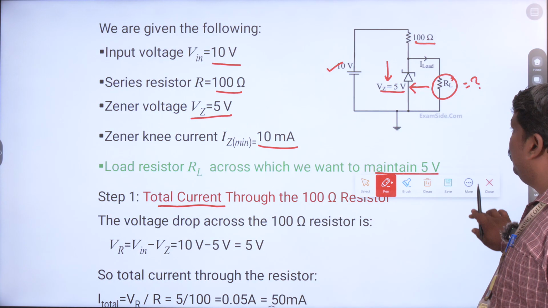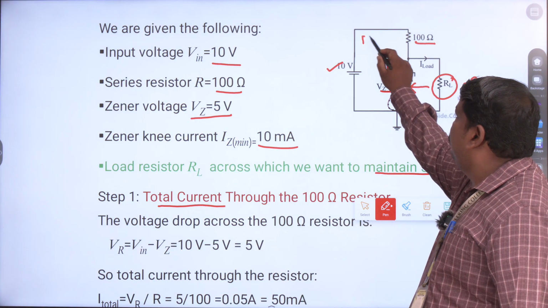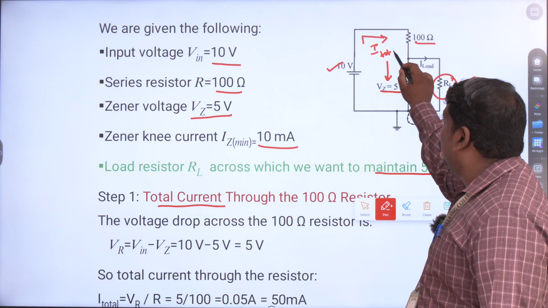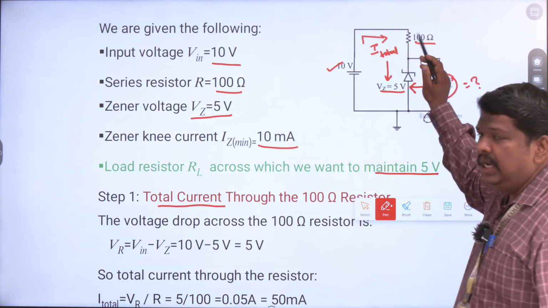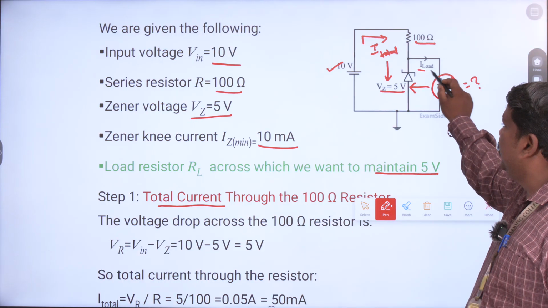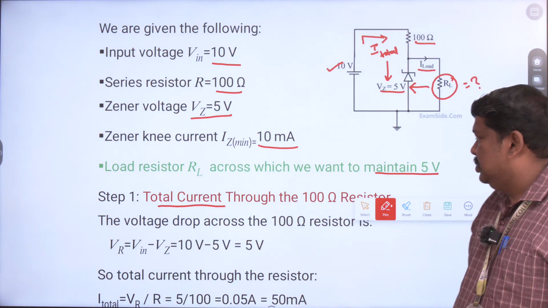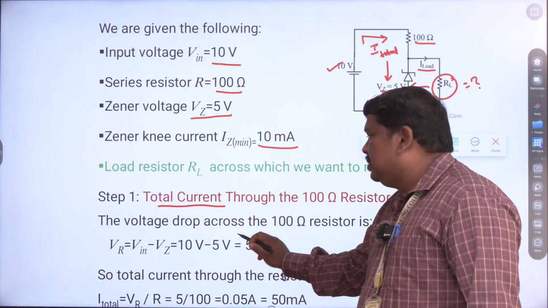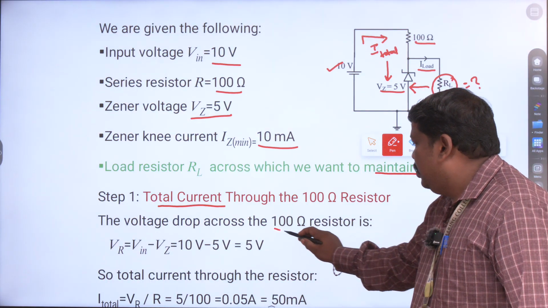If it is a 100 ohm resistance, what is the current flowing here? That is your total current I, which flows in the 100 ohm resistor, so that we can also calculate the current flowing in your load resistance. For that we can use the formula: the voltage drop across the 100 ohm resistor.